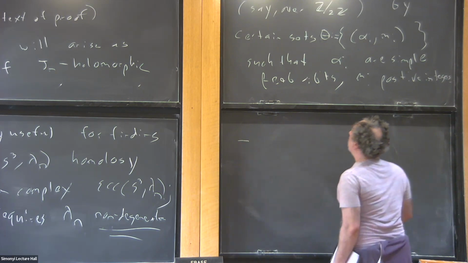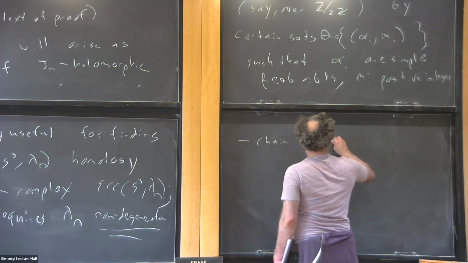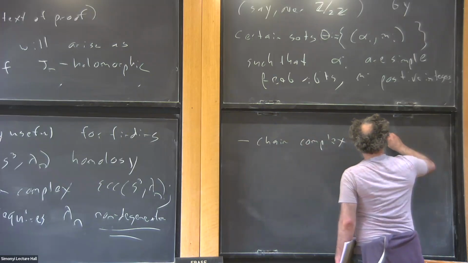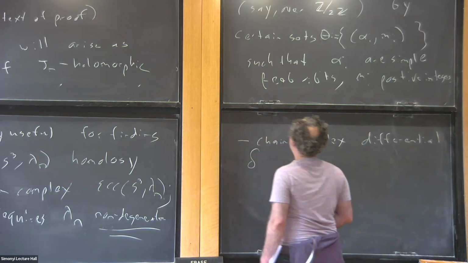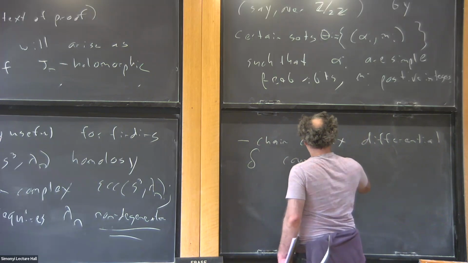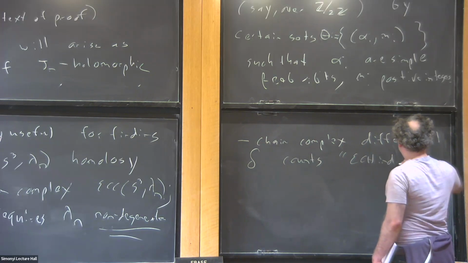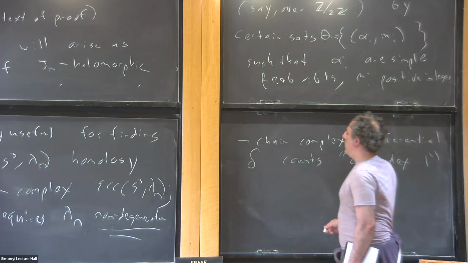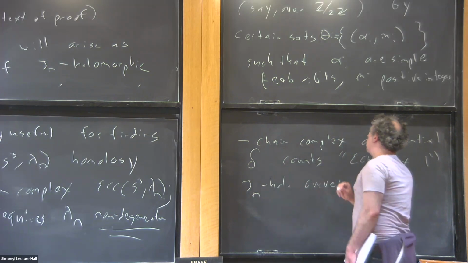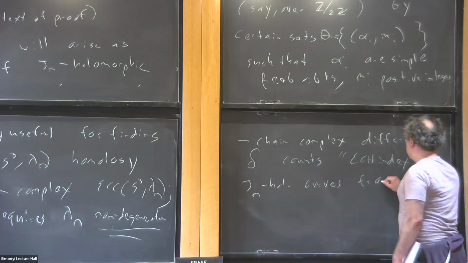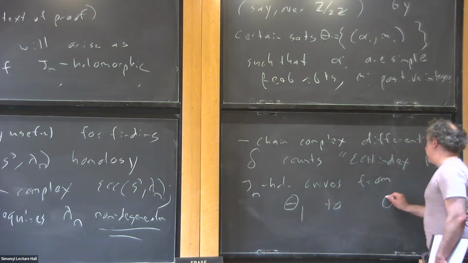And how about the differential? The chain complex differential delta counts ECH index 1 J-holomorphic curves from an orbit set theta 1 to an orbit set theta 2.